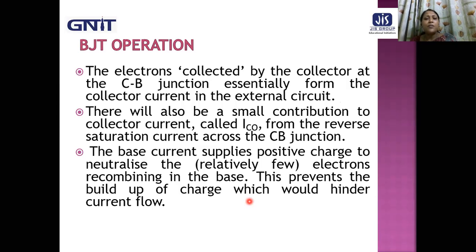There will also be a small contribution to collector current called ICO from the reverse saturation current across the collector base junction. The base current supplies positive charge to neutralize the electrons recombining in the base. This prevents the buildup of charge which would hinder the current flow.